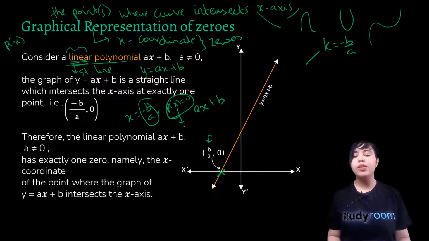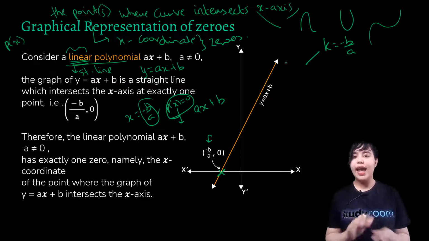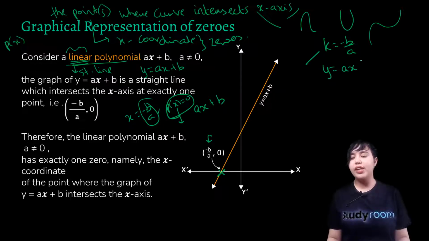I'll just tell you. If you want to find out, for whichever polynomial, the point where the curve would be intersecting the x-axis, you write the equation, which in this case is y equal to ax plus b, and whenever you touch the x-axis, the y coordinate will be 0.